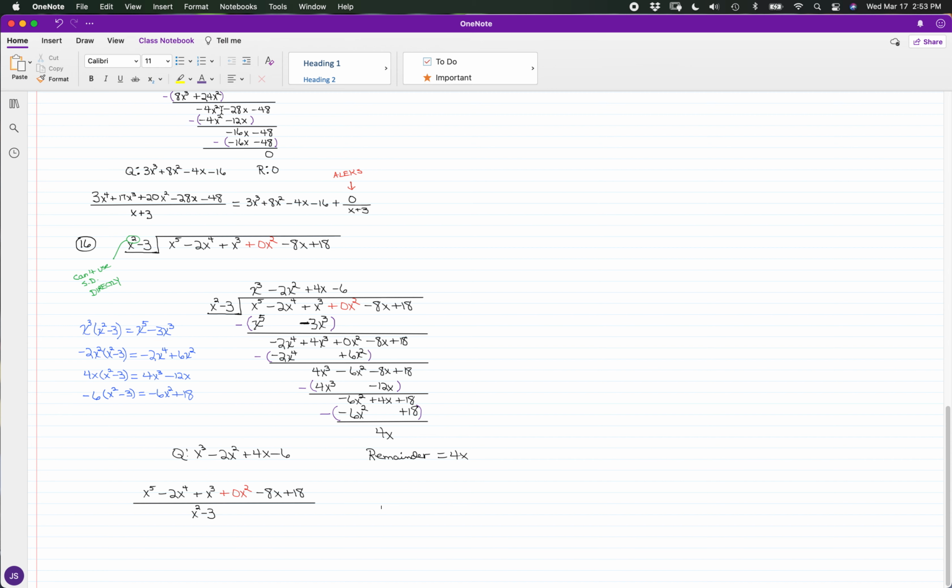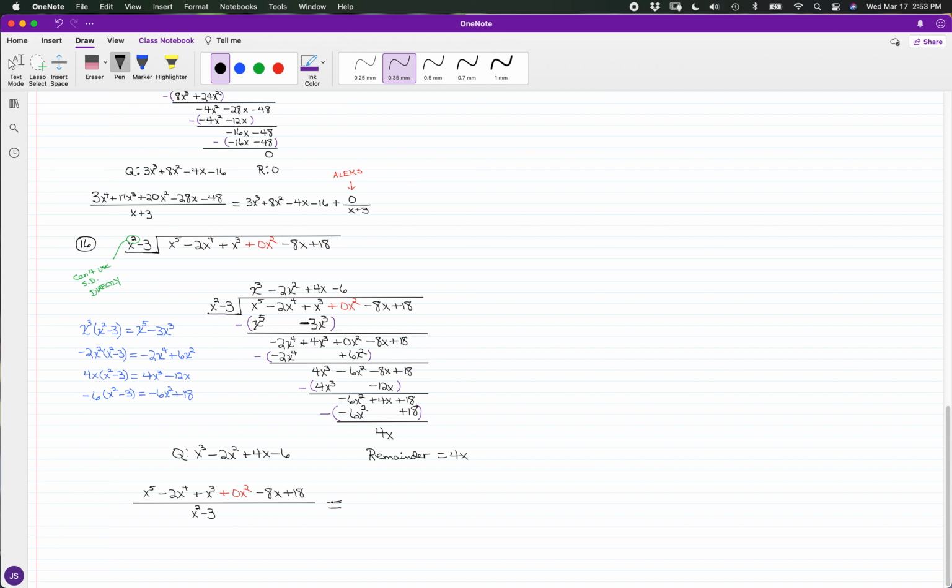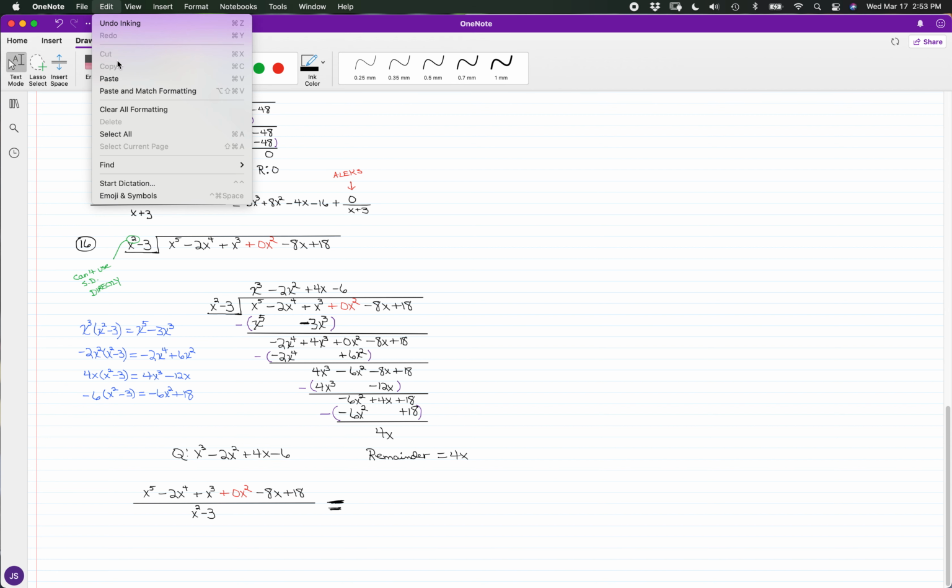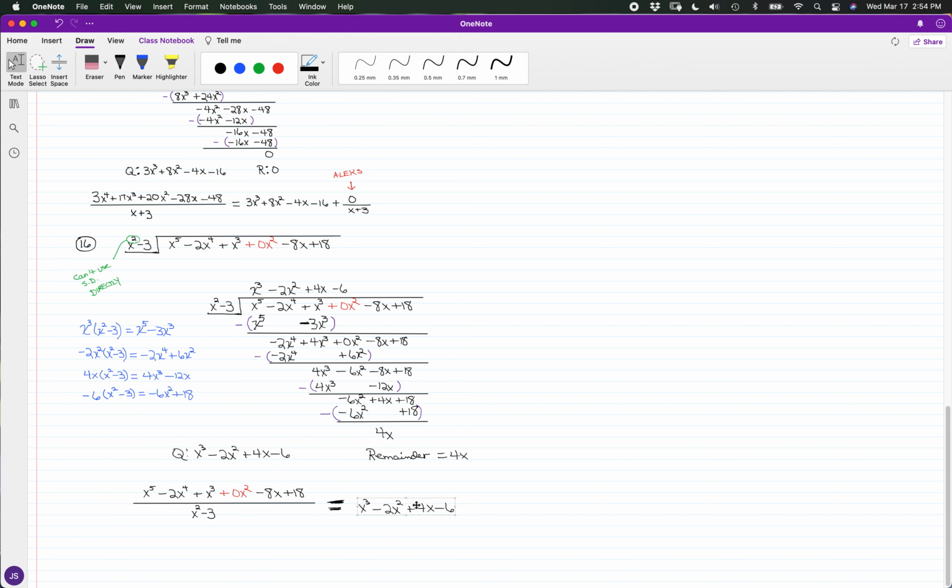Okay, so in expanding, again, Alex is big on this. So this ratio you're going to have equal to what we have in the quotient, again plus the remainder over the divisor.